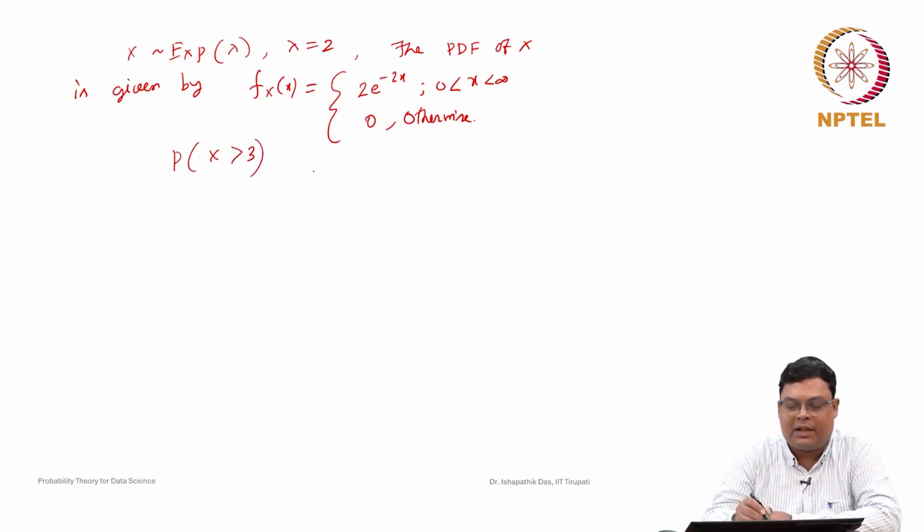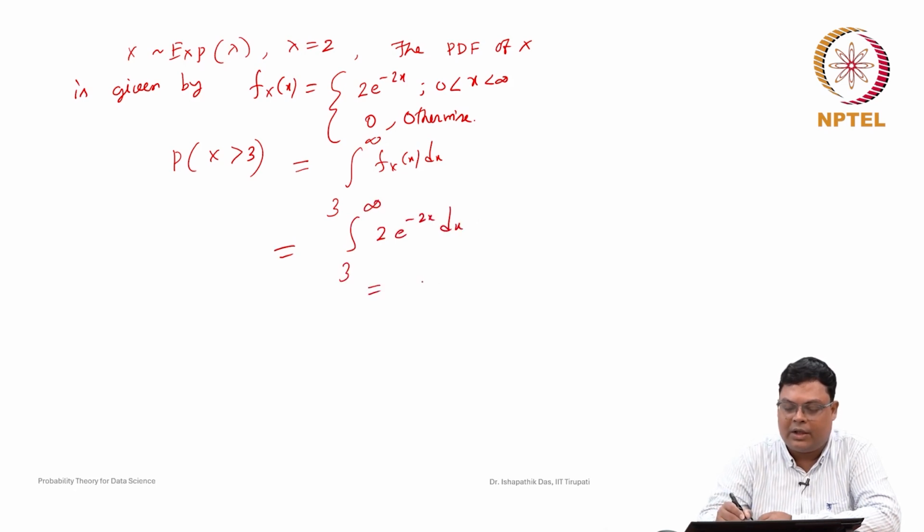The probability X greater than 3 is either the integral from 3 to infinity of f(x) dx, which is the definition, or you can take the complement and use the distribution function. If you use this formula directly, it is the integral from 3 to infinity of 2 e to the power of minus 2x dx, which is 2 e to the power of minus 2x divided by minus 2, from 3 to infinity.